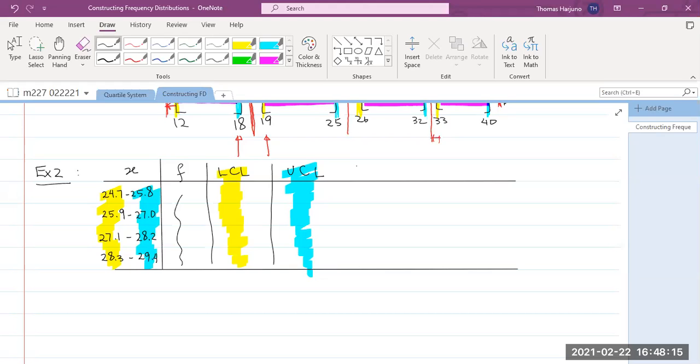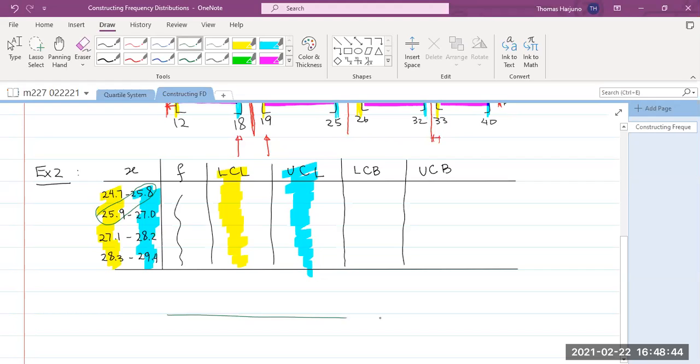Now, how about lower class boundary and upper class boundary? We see that the upper class boundary for the first class is the same as the lower class boundary for the second class, and it is the average of these two numbers.